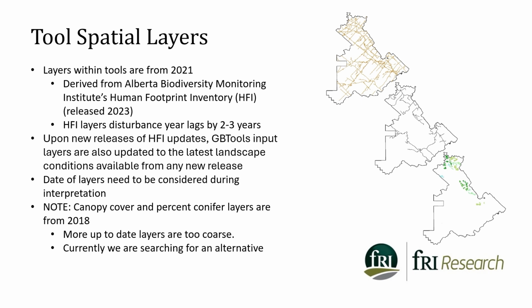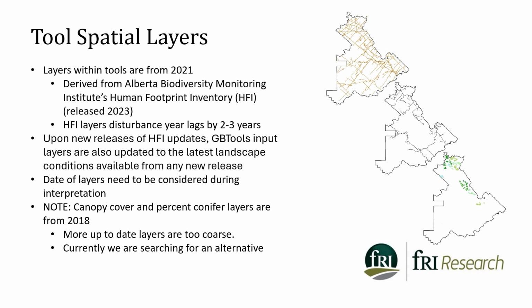Before we get into running the tools, I just wanted to go over the spatial layers within the tool. Layers within the tools are from 2021, and they're derived from the Alberta Biodiversity Monitoring Institute's Human Footprint Inventory, or HFI, that was released in 2023. HFI layers' disturbance year lags by 2 to 3 years.